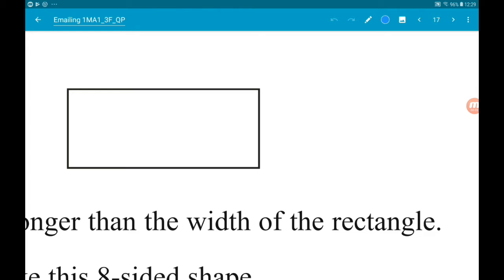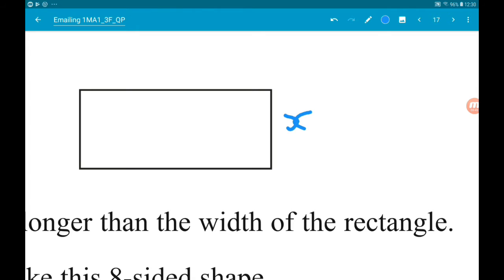So what do we like to call things in maths when we don't know their value? We call them x. So if we call the width x and the length is 7 longer, that means the length is x add 7.